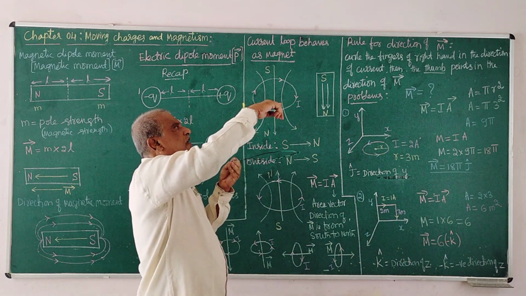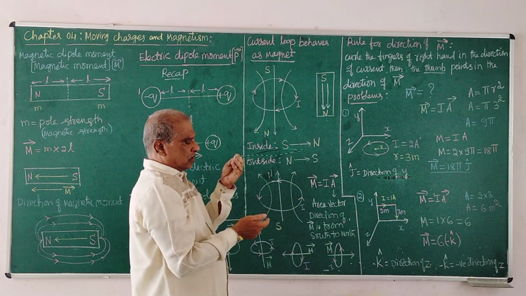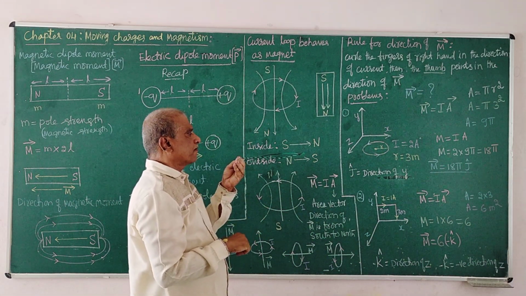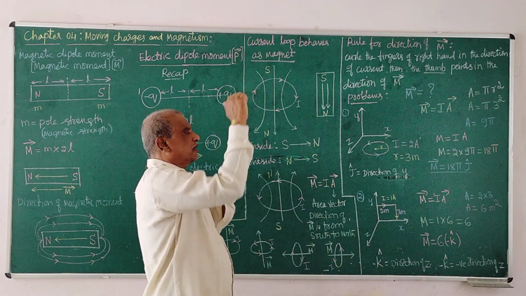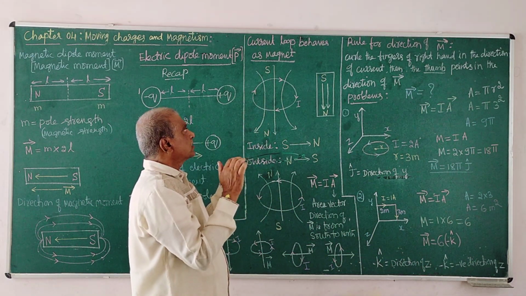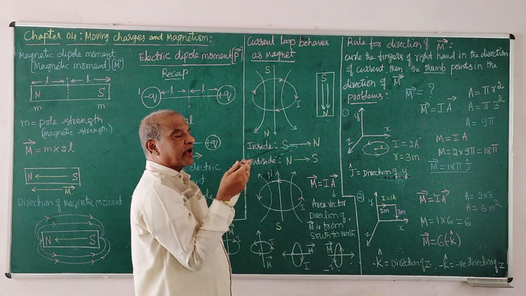Where the magnetic lines are generated stands for the S pole, and the downside, where they reach, is the N pole. So the S pole is upside and the N pole is downside. That is the induced magnetic field.